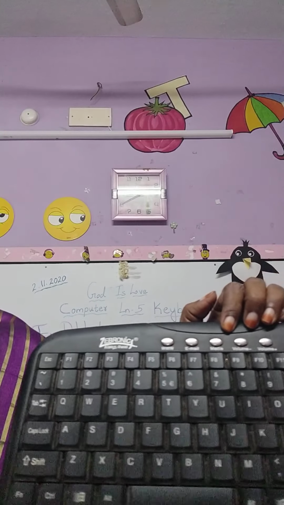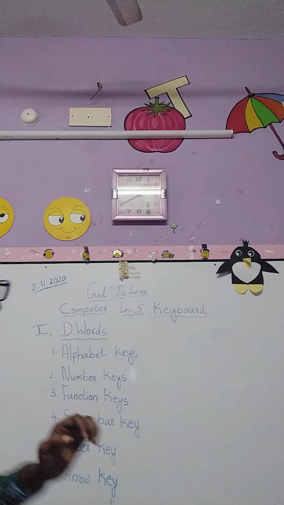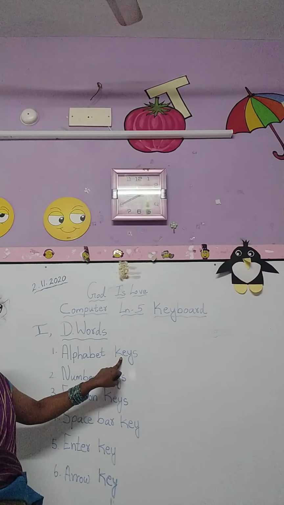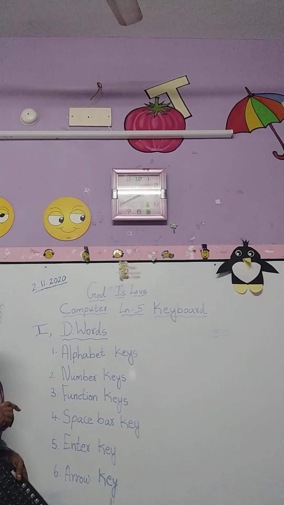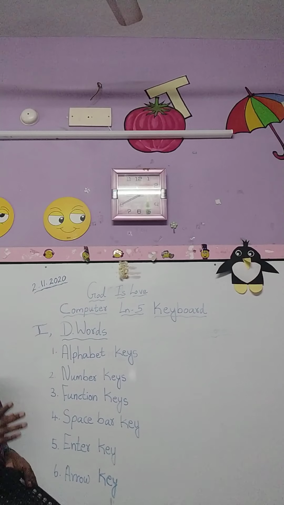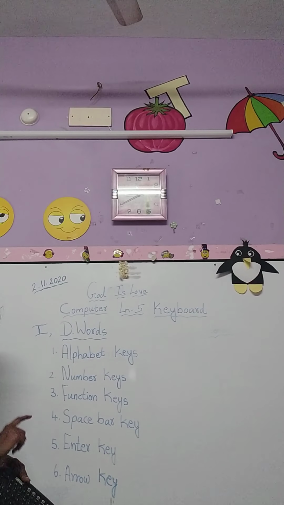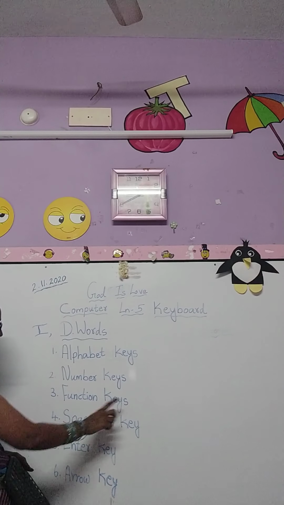Okay, so today we are learning about 6 types of keys. Okay dear? That is alphabet keys. Alphabet keys are used to type your name. And number keys. Number keys are used to type your age. Function keys F1 to F12, used for specific functions.